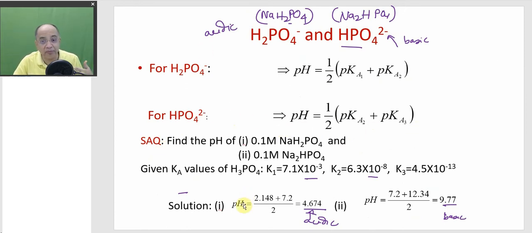The logic is same. We have made the average of the two K values. For dihydrogen phosphate, Ka1 and Ka2 average, that is pK1, pK2, and for HPO4 2 minus pK2, pK3 average. We have done that, and we have got the pH of hydrogen phosphate 2 minus is 9.77.